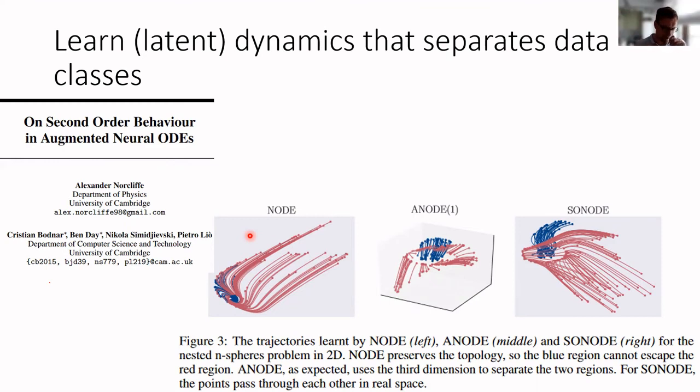That's ideal, because then once you have this, it's easy to classify. That's what these dynamical systems in this application are doing. You can see some examples from improved implementations. Blue and red clearly separate. You can see the trajectories of your data points in the latent space here, and they get separated.